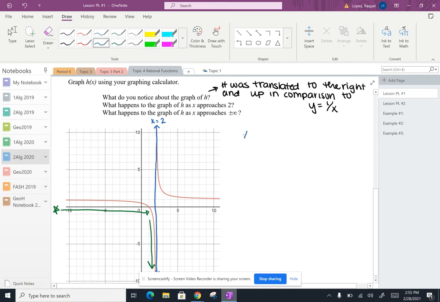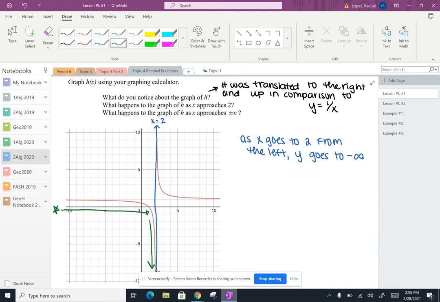So I can write that as: x goes to 2 from the left, y goes to negative infinity, because my y's are going down. Whereas if I'm approaching from the right, starting from the right and going towards that x value of 2, my y's are going up.